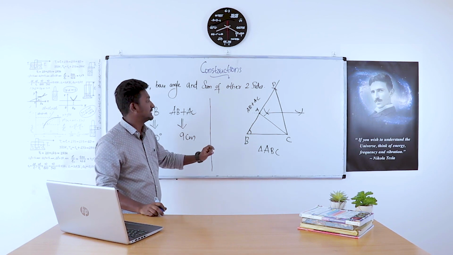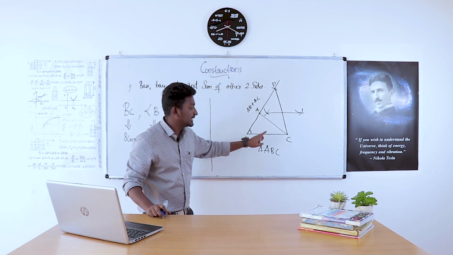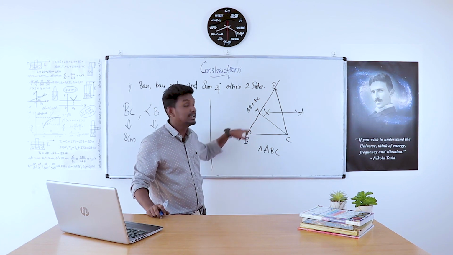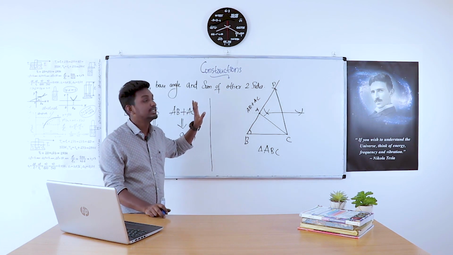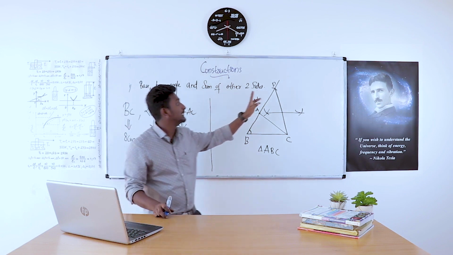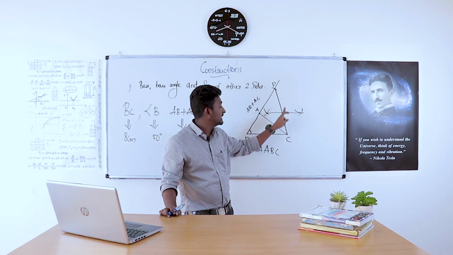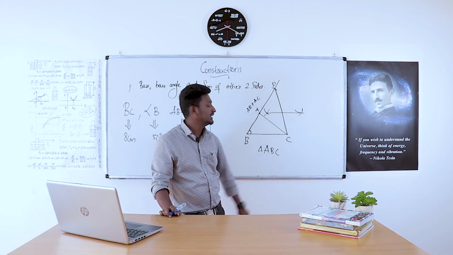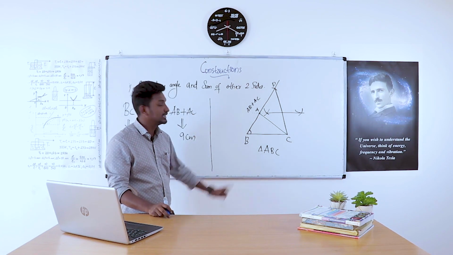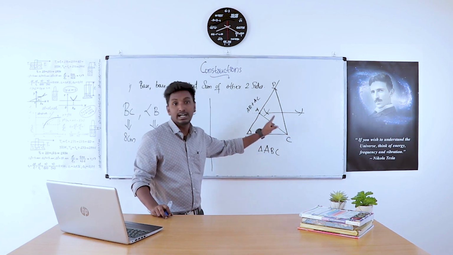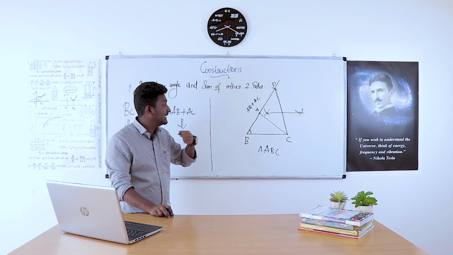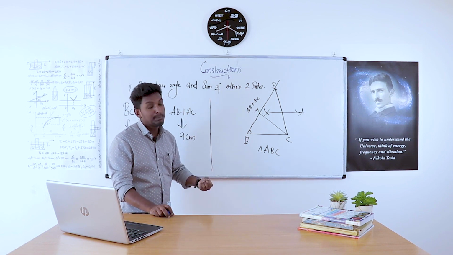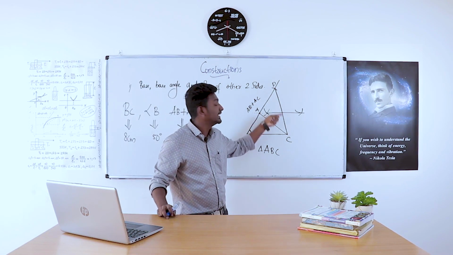The next step is the fourth step. First step base, second step base angle, third step the sum of the sides is marked. Then the fourth step is that point is joined to C, the other end of the base. Then the fifth step is draw a perpendicular bisector to that line DC.